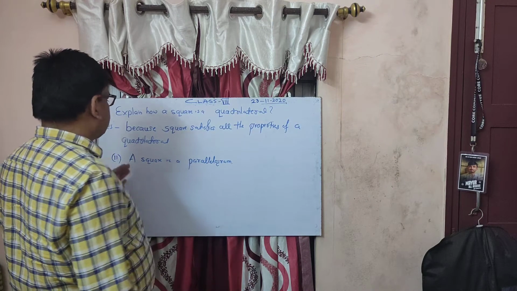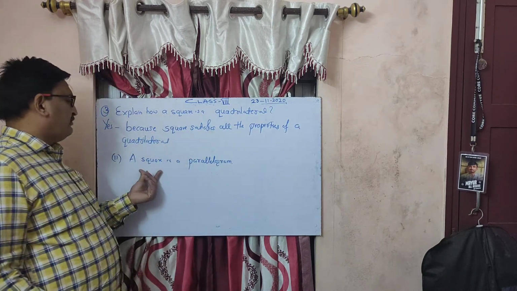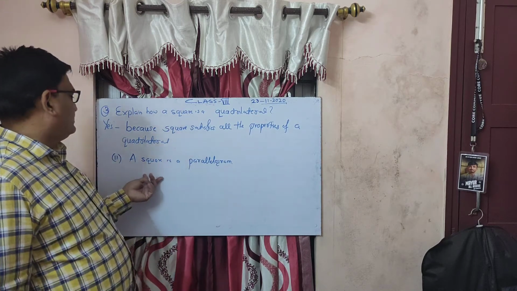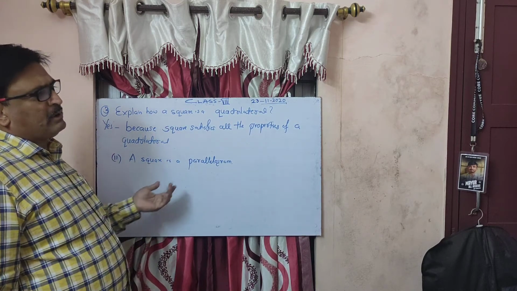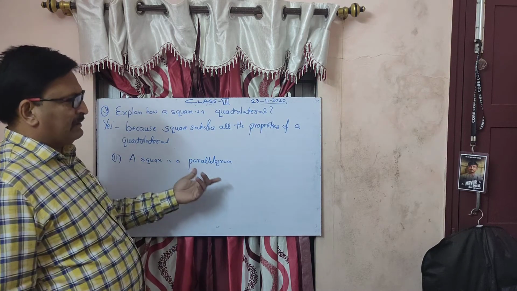You have to prove, explain how a square is a parallelogram. So now you know the properties of a square. And what are the properties of a parallelogram? A square is a parallelogram.